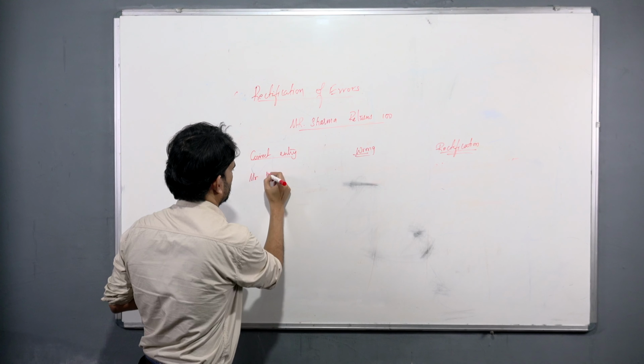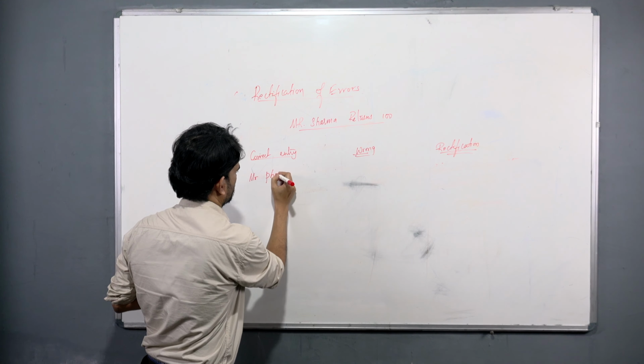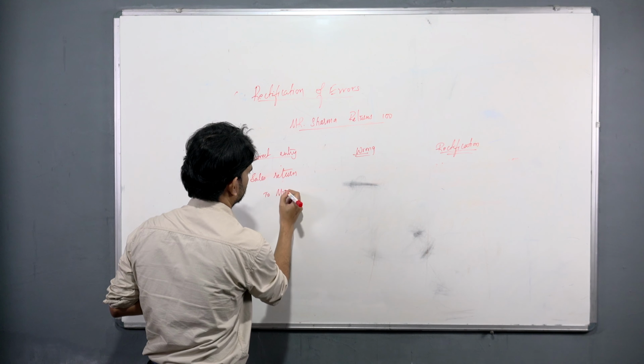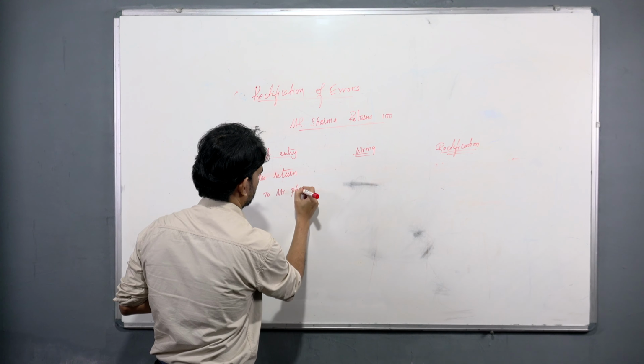Sales return to Mr. Philip. So this should have been the entry, but what has this accountant done?